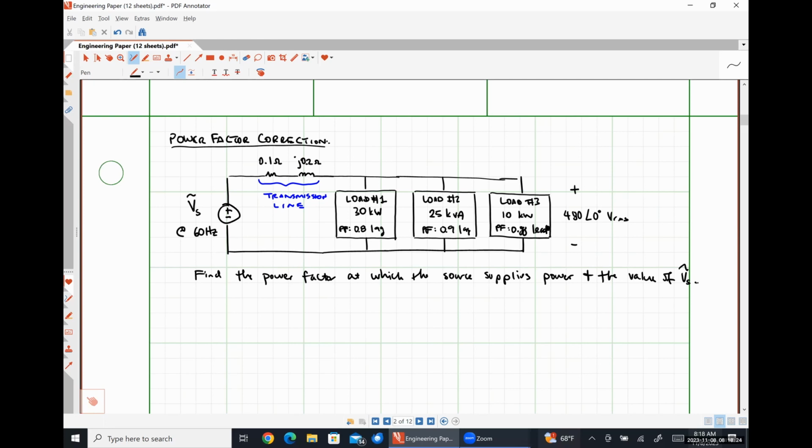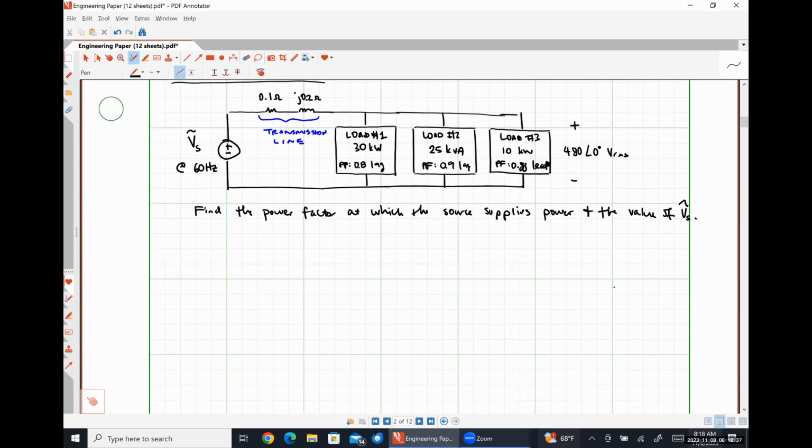So I'm going to start by figuring out what the complex power absorbed by each of my loads are. And it may not seem like we have enough information here, but I guarantee you that we actually do. Okay. So let's start by looking at the complex power absorbed by load 1, which I'm going to call SL1.